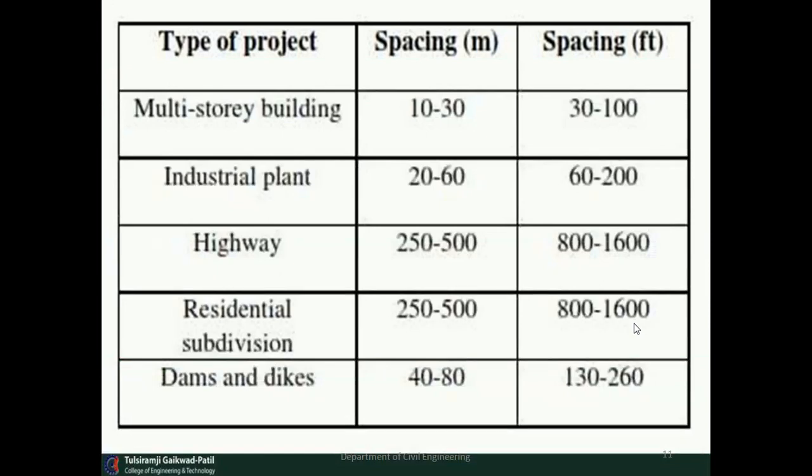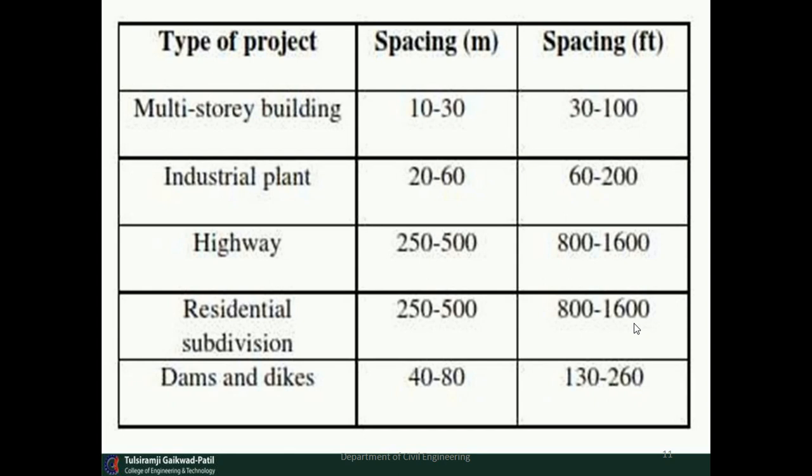This table indicates the various types of spacing required for the boreholes. For a multi-story building, the spacing should be 10 to 30 meters, or if you are calculating in feet, 30 to 100 feet.